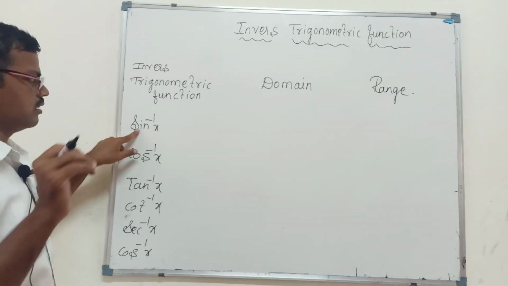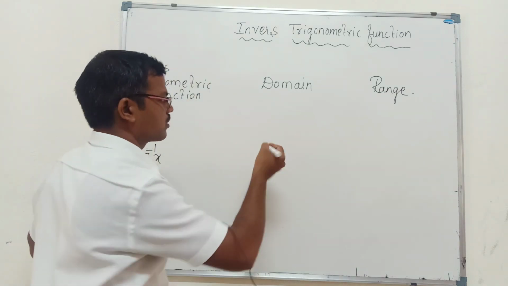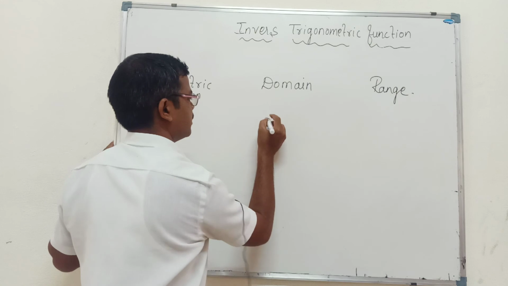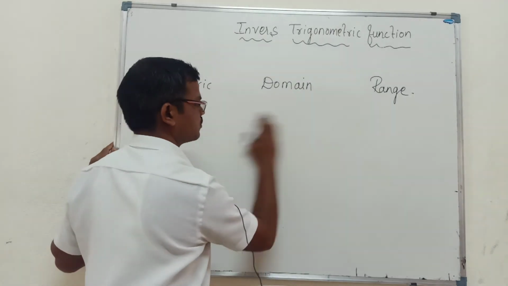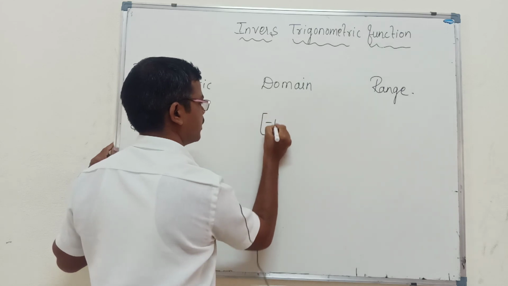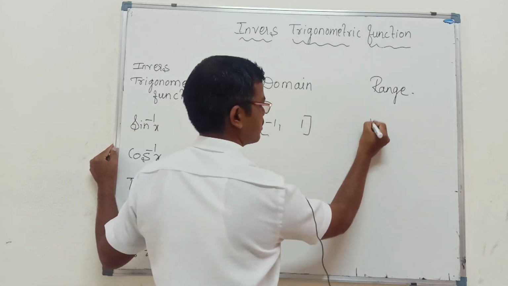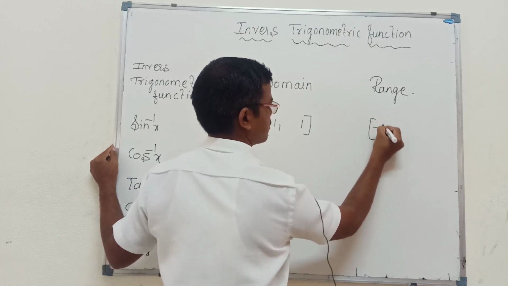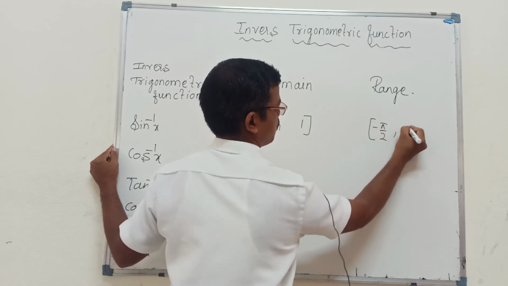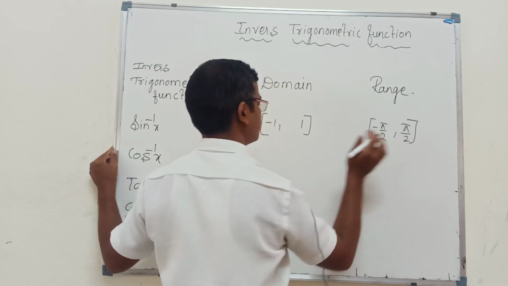First for the sine. What is its domain? Its domain is minus 1 to 1 and its range is minus pi by 2 to pi by 2. It is called the principal branch range.